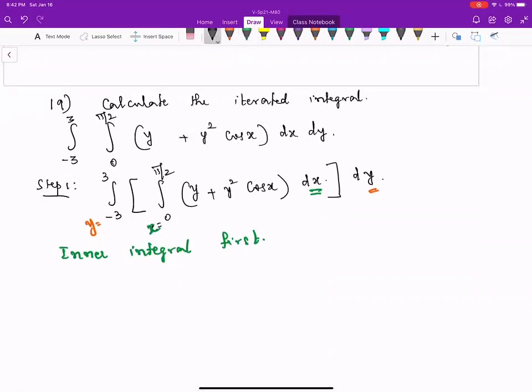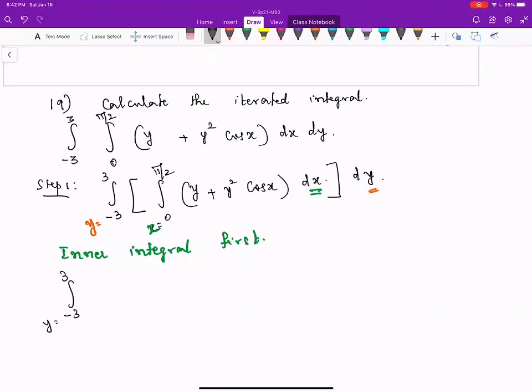So let's keep the outer integral as is, from negative 3 to 3 with respect to y. Then we are going to integrate y plus y squared cosine x with respect to x. When you integrate with respect to x, you know that y needs to be treated as a constant, just the way you did with partial derivatives.